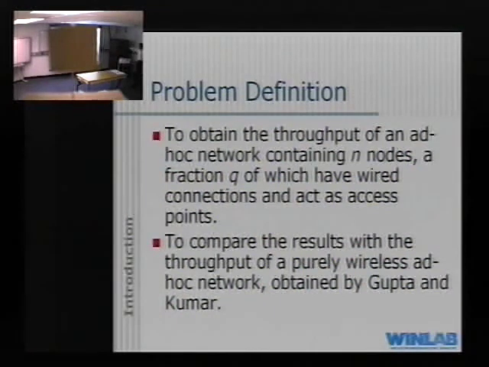Now, we can consider this network with wireless nodes and wired access points as similar to the cellular phone network. For instance, when you're using a cell phone, you would communicate with the base station which is in your cell. And if you're making a nationwide long-distance call, the different base stations communicate with each other, typically through wired lines.